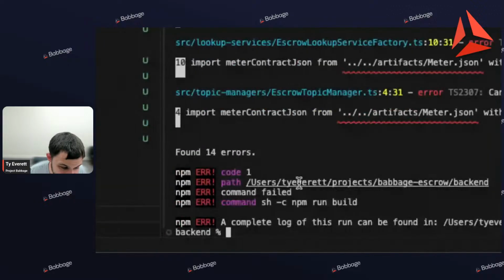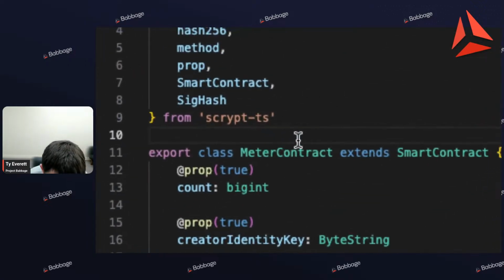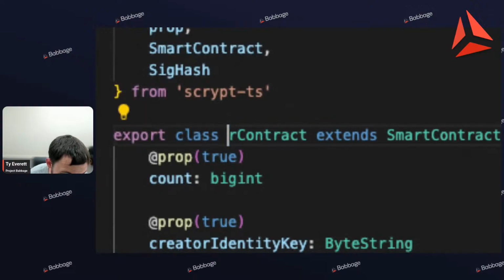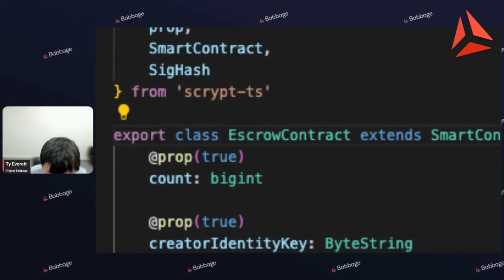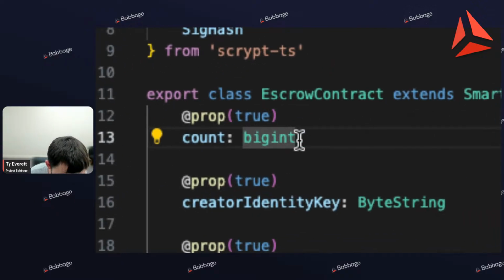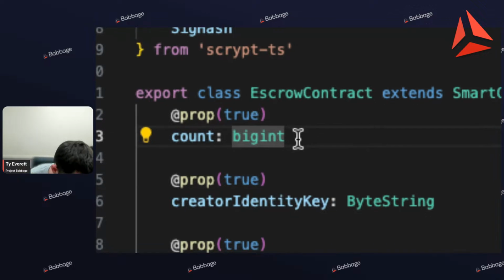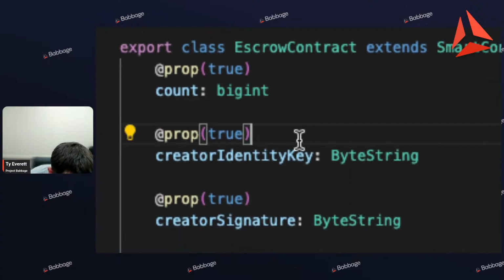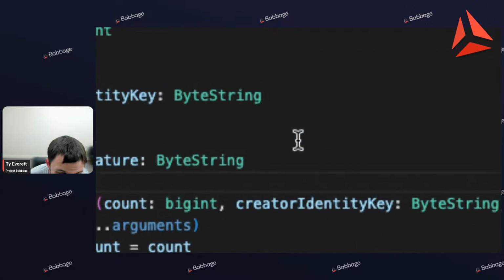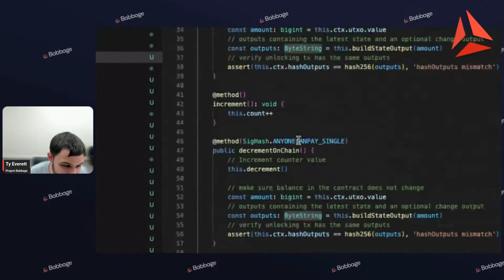We got to get this. Yeah, it's going to, but now I can import this. So that's nice. All right. So we're exporting a default class MeterEscrowContract that contains some stateful properties. And you can construct it, and you've got some very simple methods here.